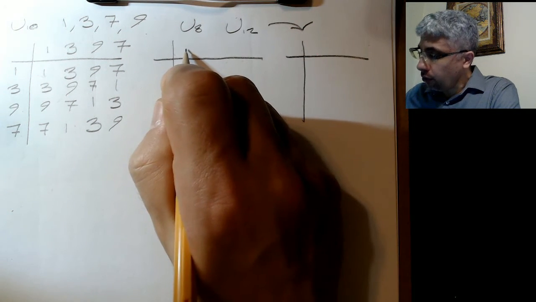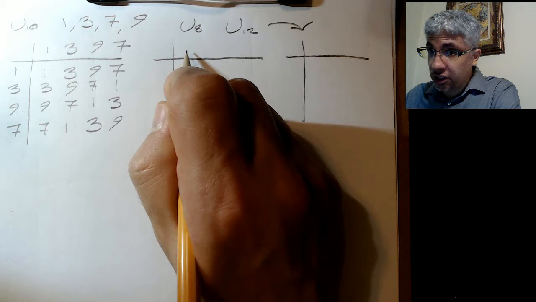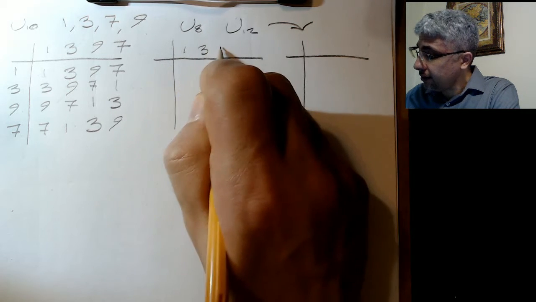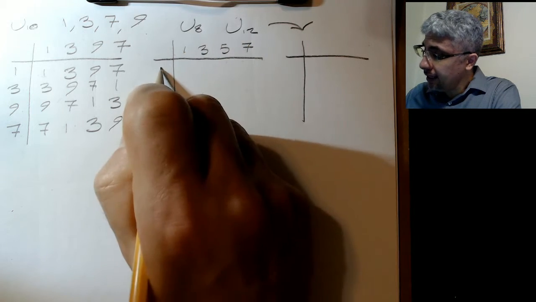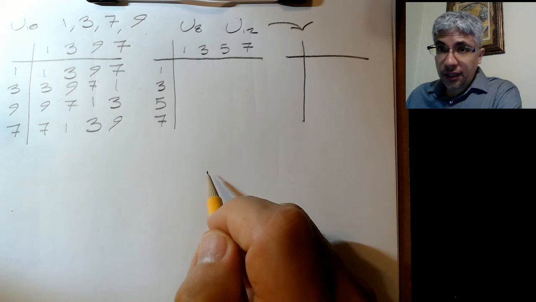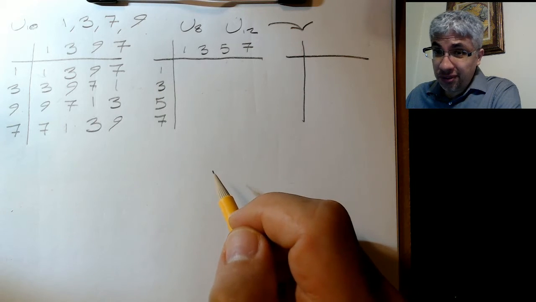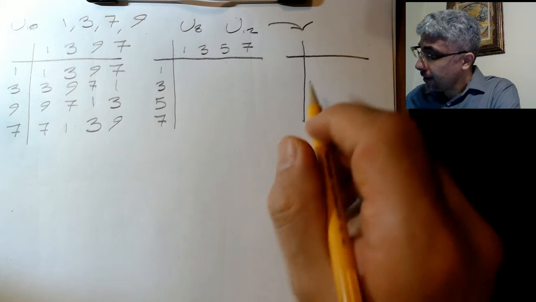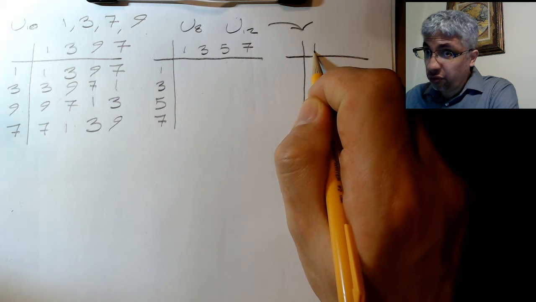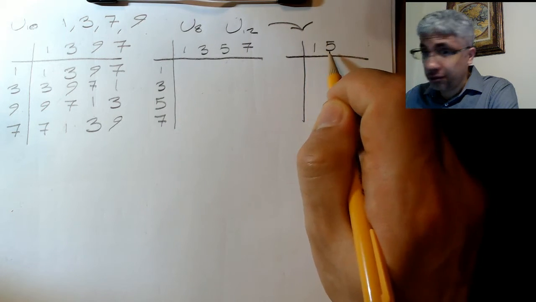Okay, so what are the elements that have a GCD of 1 in the set from 1 to 7? Well, the odds, right? Because 8 is 2 cubed. So anything that has a factor of 2 is not going to have a GCD of 1. For U12, what are my elements? Well, no 3, no 4. I have a 5, but no 6 with 12.